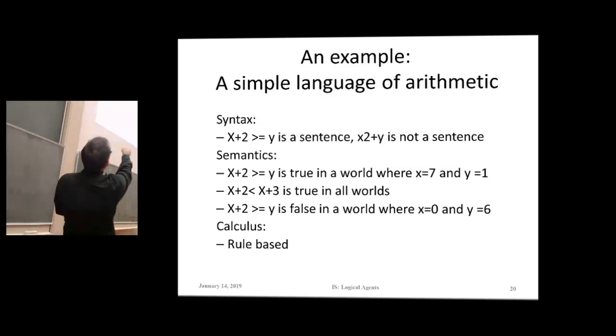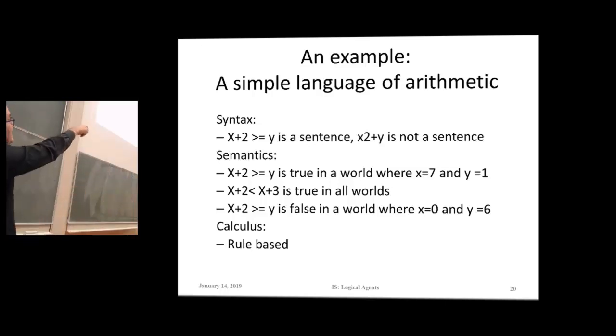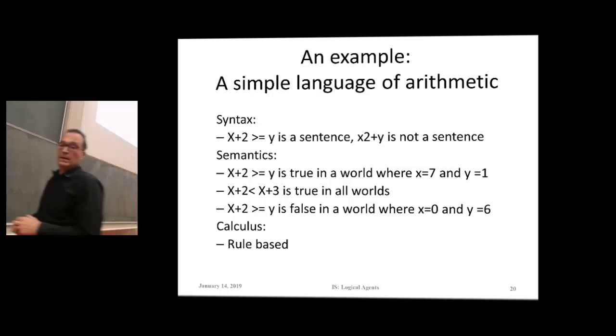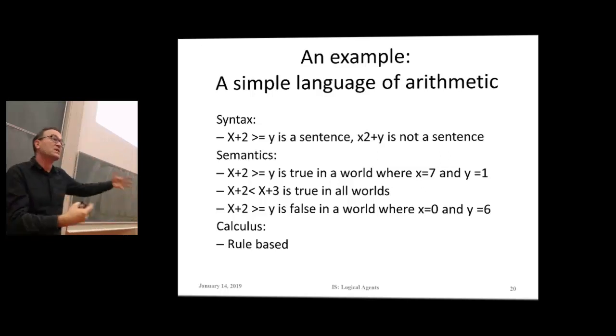We have variables, operators, and numbers on the left-hand side, a comparator in the middle, and a variable on the other side. That would be a valid sentence, a valid inequation. Whereas this statement, x2 plus y, is not a valid sentence. It doesn't give us a yes-no meaning. And that's a definition of the language.